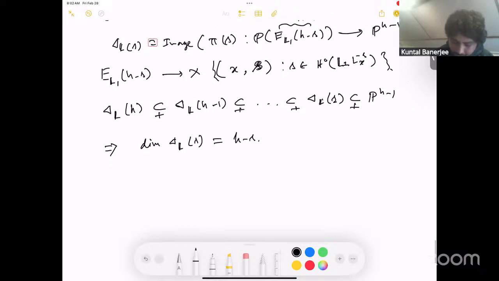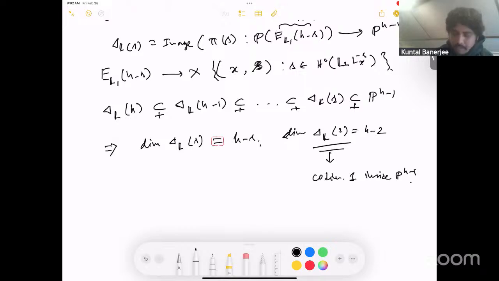Okay, and in particular, if s is 2, that is h minus 2, that means it still is of codimension 1 inside P^(h-1). So I think this is the way we proved the claim of Drinfeld in the case of elliptic curves.